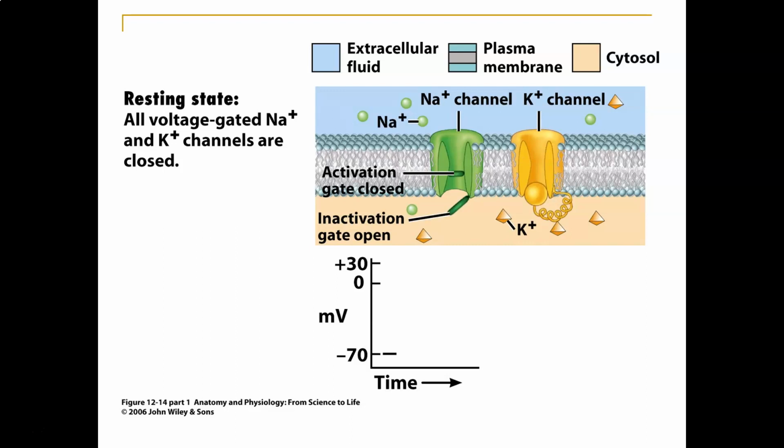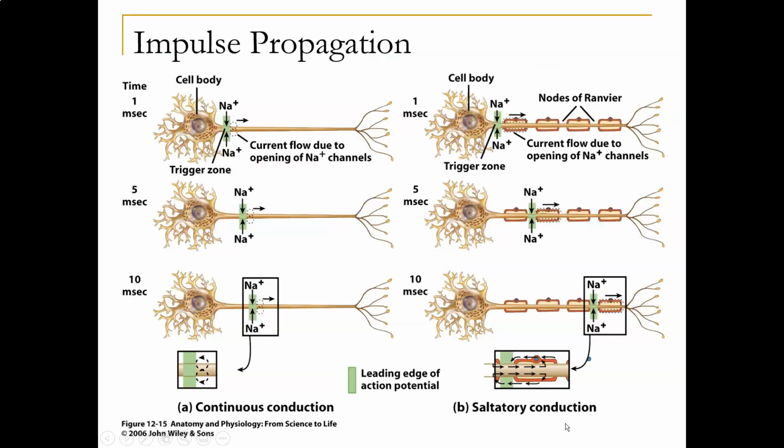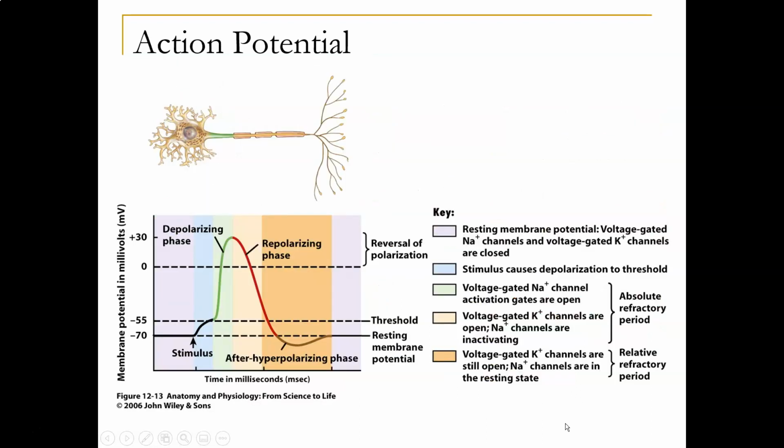So please review it if you need to. It's the only way to truly understand this, is to understand why does sodium come in when you open the sodium gates? Why does potassium leave? It's about diffusion.